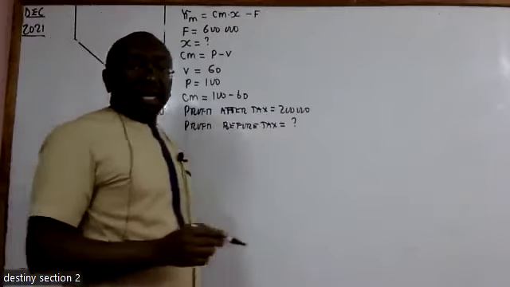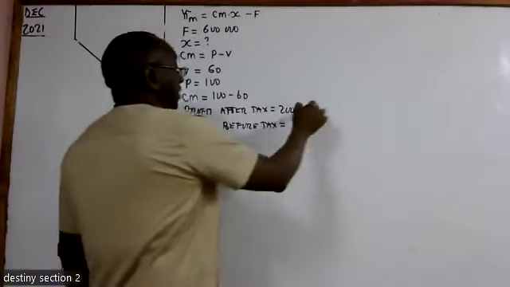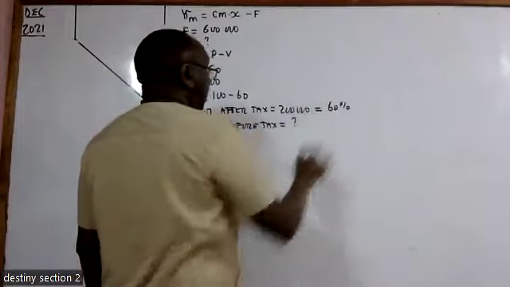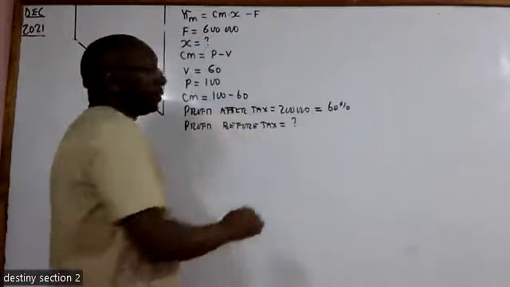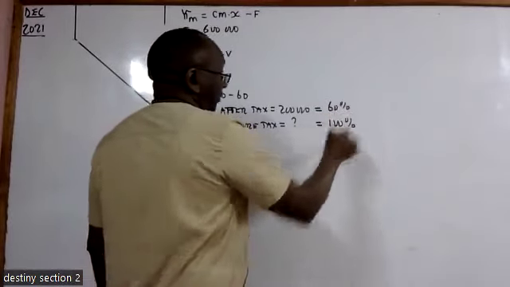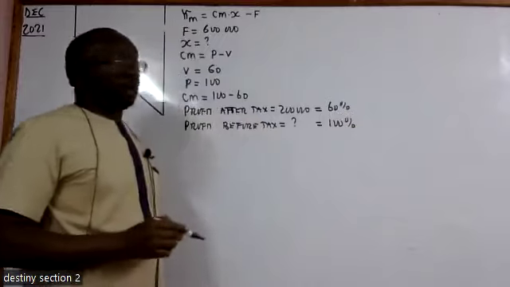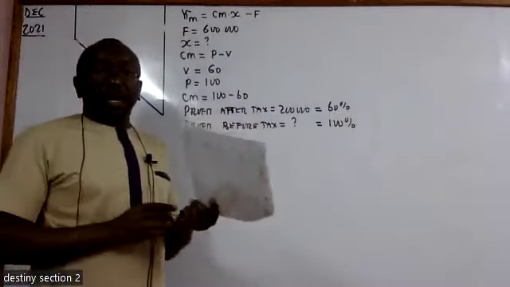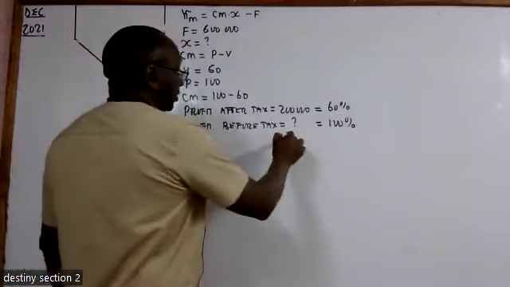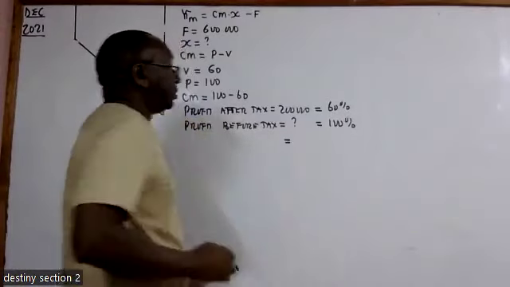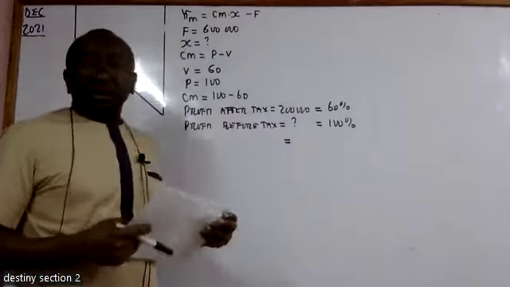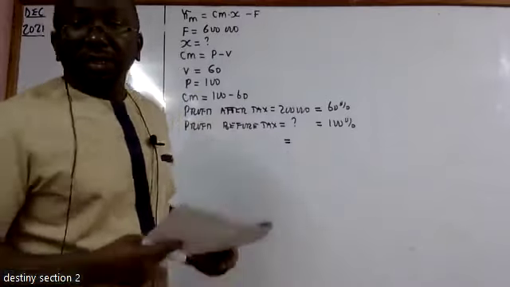Remember, after we tax, we are taxing 40%. So what remains here is 60%. So before tax is 100%. So that when we tax 40, we are left with that. So tell me, this one is how much? $120,000.